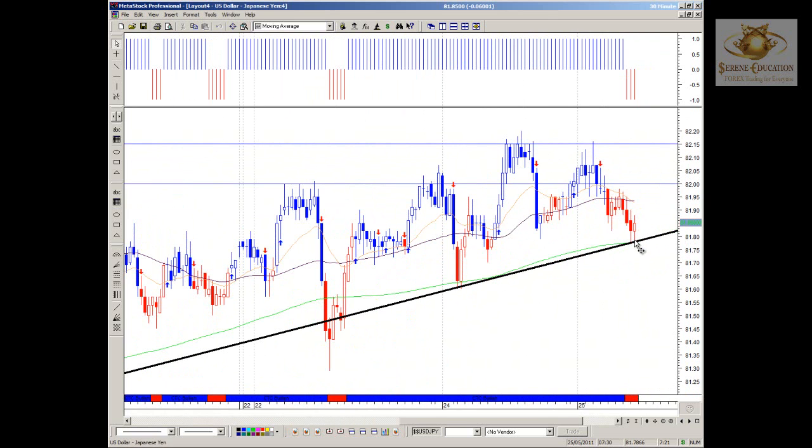A clear break and close lower than the 200-period moving average would definitely give us an idea that we're seeing a bearish sentiment moving in now. We can see a lower swing has already formed and an even lower one recently. So we're getting a high, then a lower swing, and if we break lower than here and see a confirmation pullback, then we get a lower swing, and then we should be seeing the US dollar falling.